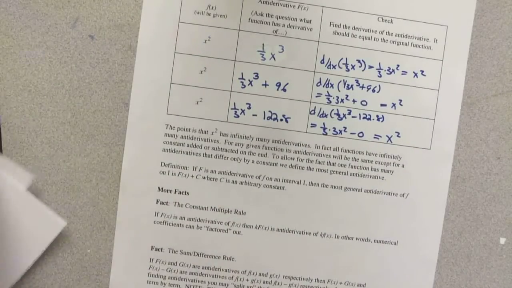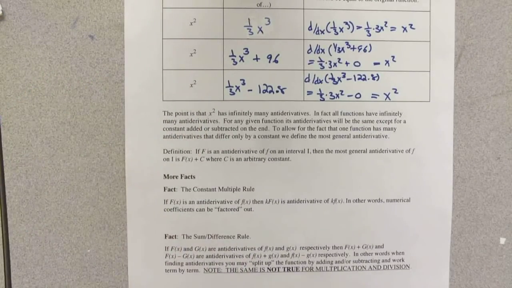You get the point. I should have been adding plus c's on all of them. And that plus c is just our way of acknowledging that a given function has infinitely many antiderivatives that differ by a constant. So that plus c represents any sort of constant you might have there.